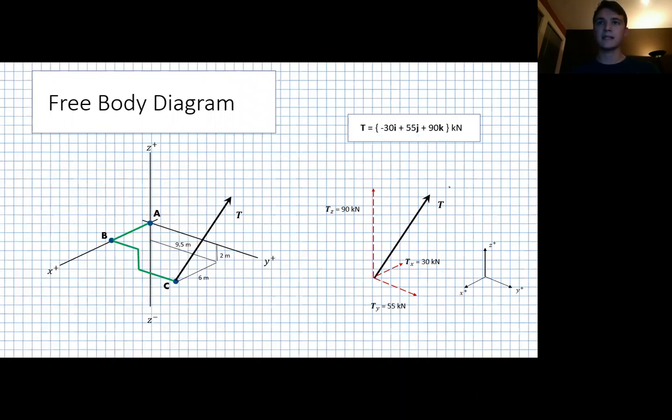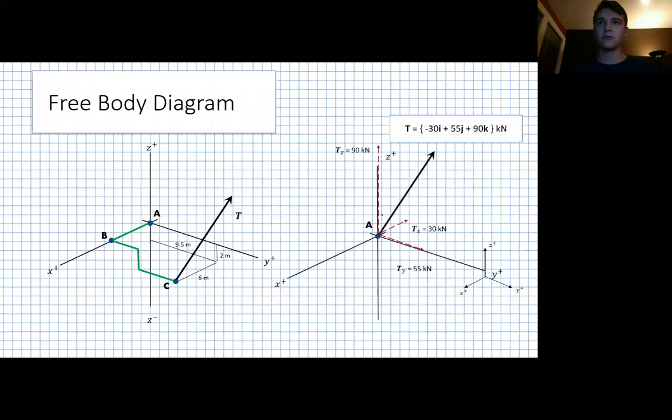The problem is asking us to find a moment. A moment is a force times the perpendicular distance around a specific point, and we're asked about point A. So, for example, if we were to move this force to point A, the force stays the same, and so do the components.